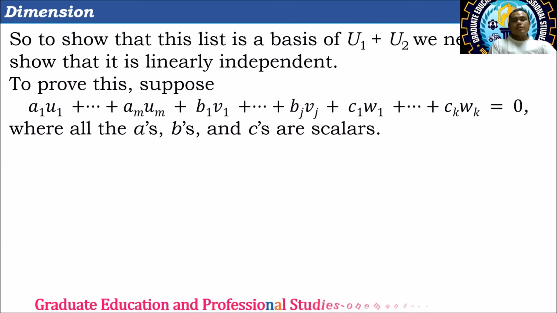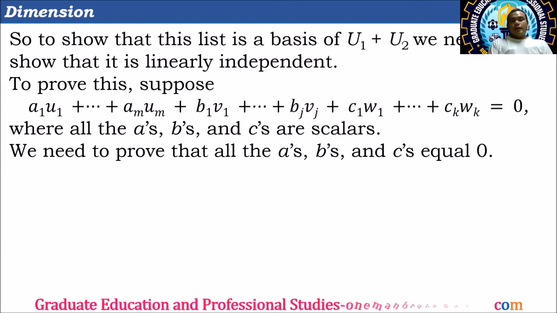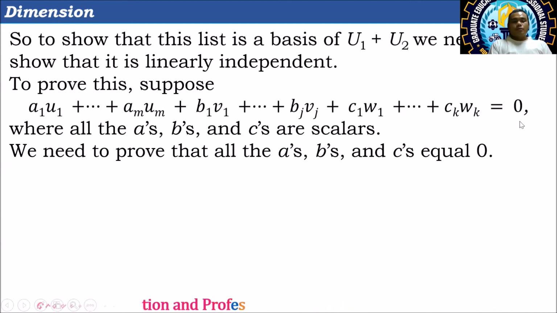To prove this, suppose that a linear combination of a's and u's, b's and v's, c's and w's is equal to 0, where all a's, b's, and c's are scalars. We need to prove that all a's, b's, and c's equal 0 so that the equation will be true.